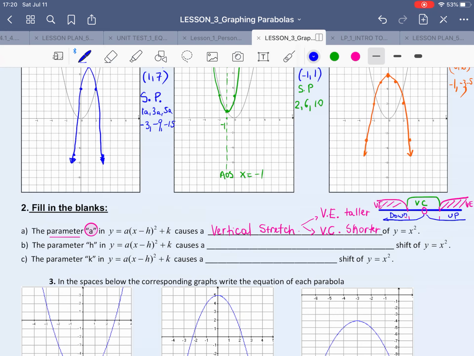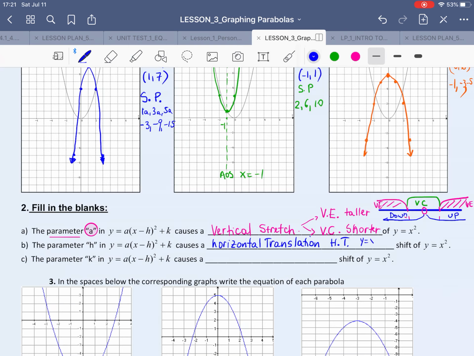Now the parameter h will cause a horizontal translation. And what that means is that the parabola can move to the left or to the right. For short, I like to write horizontal translation using the acronym HT, okay? And if h is positive, it will move to the right.